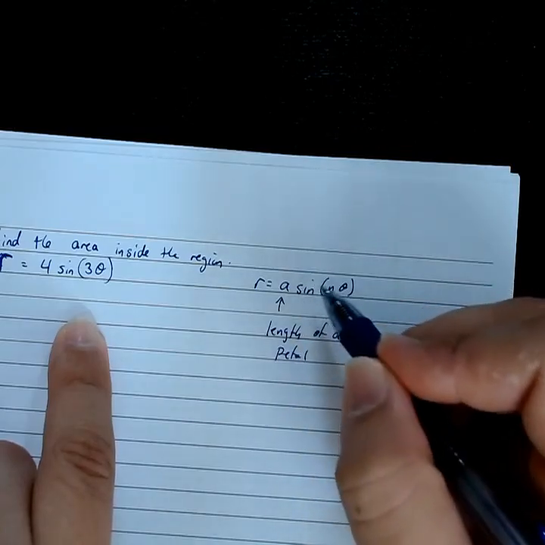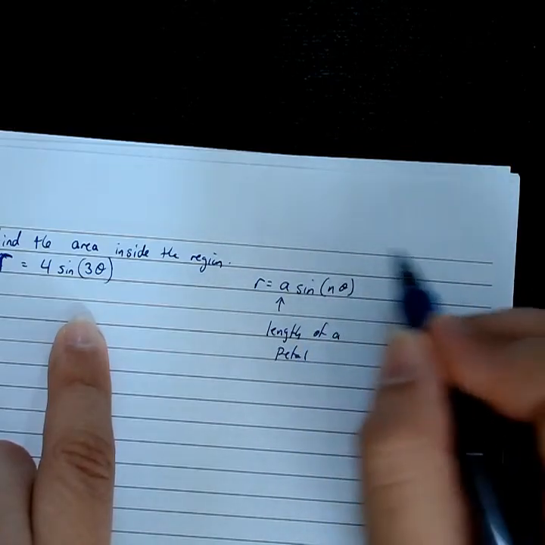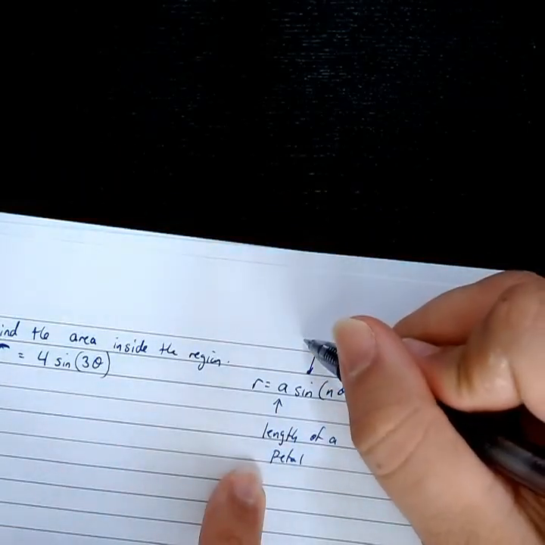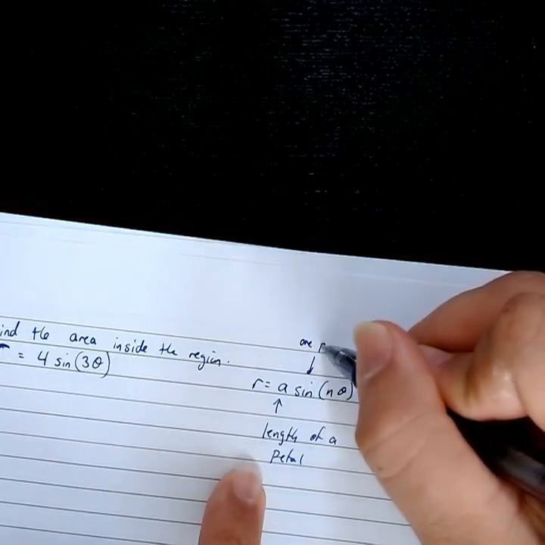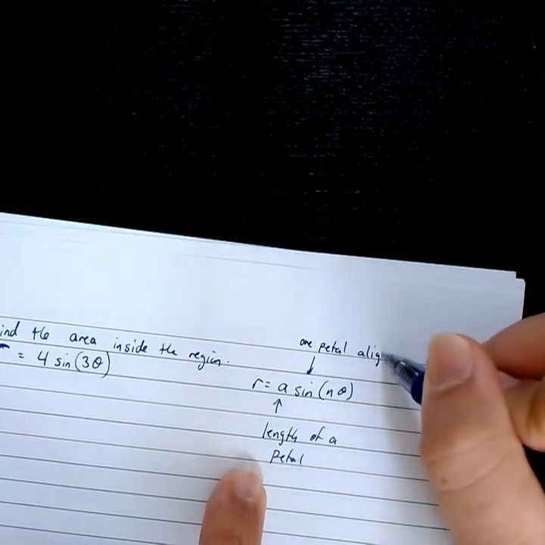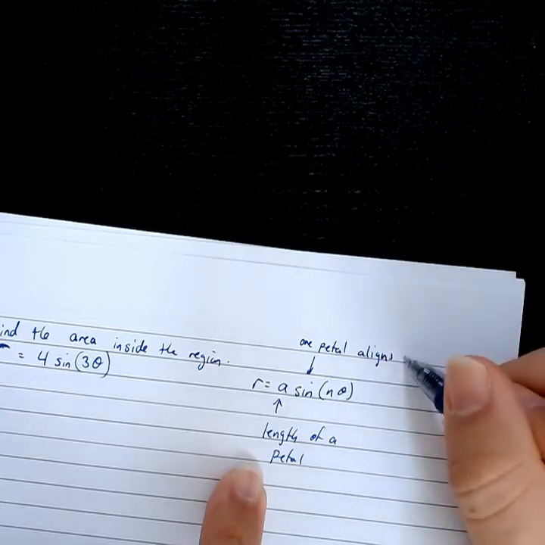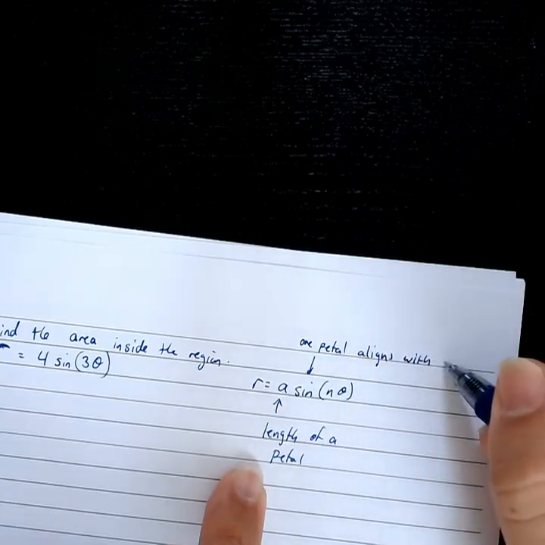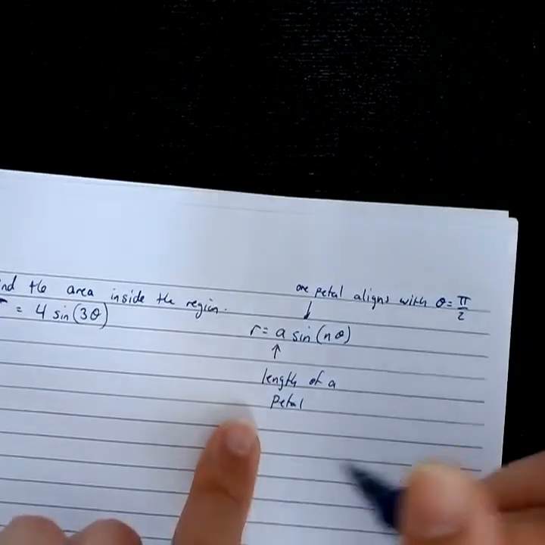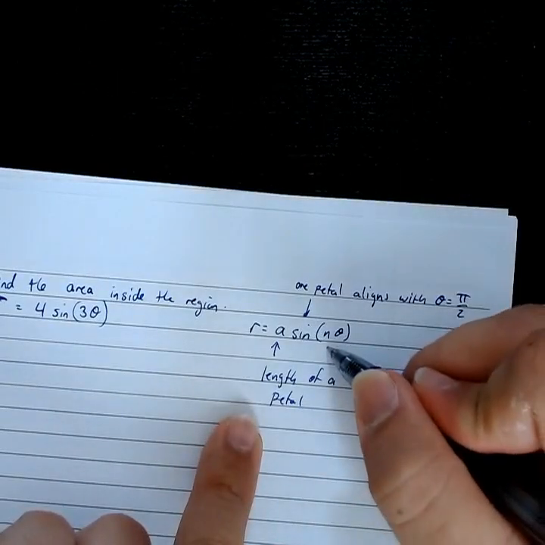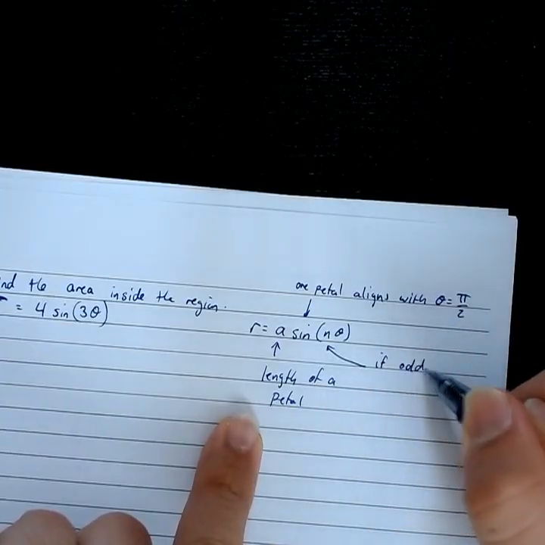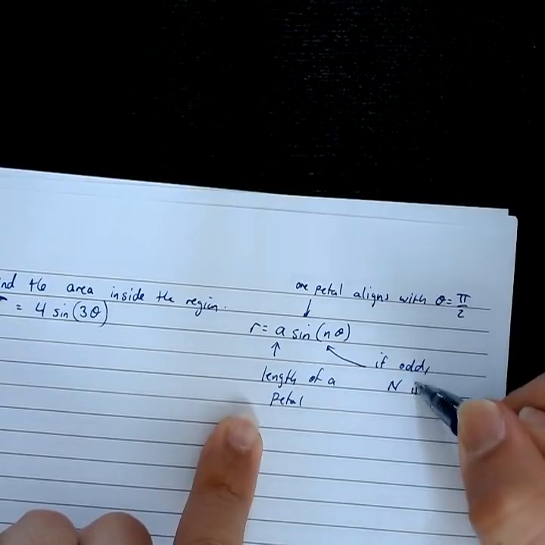If this is cosine, this will align with your polar axis, with the angle theta is equal to 0. So here this tells you that that one petal aligns with the angle pi over 2. Right? And this tells you if this is odd, n is the number of petals.